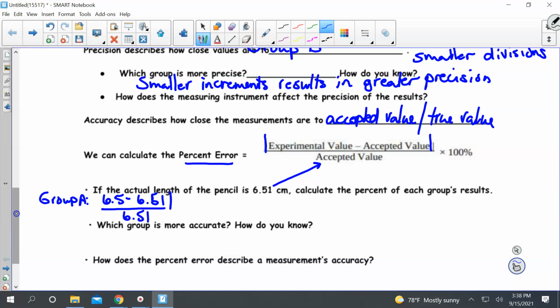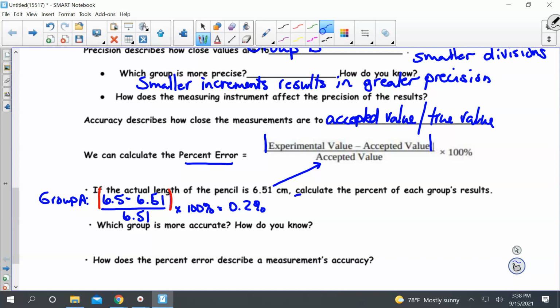And this will be absolute value. And then we would take it times 100%. If I did this, and I'm going to round this to one place since 100 only has one sig fig, I would get 0.2% error. It's not a lot of error.